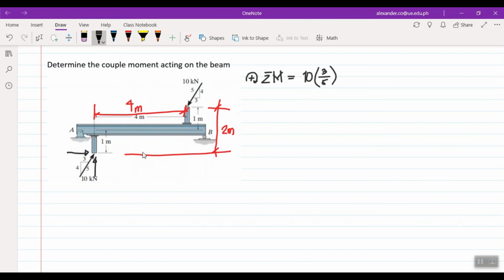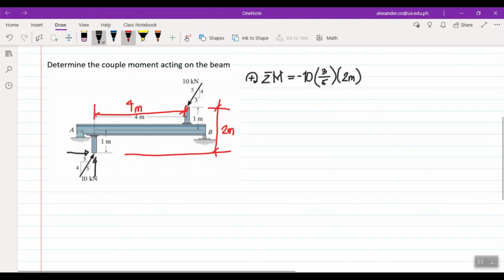Now, what is its rotation? Counterclockwise, so negative. What is its distance? It's 2. So this is x, and its distance is 2. Rotation is counterclockwise.